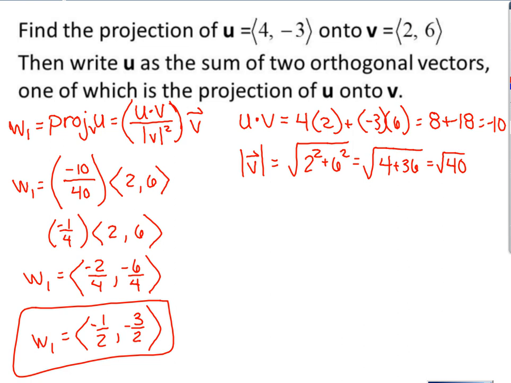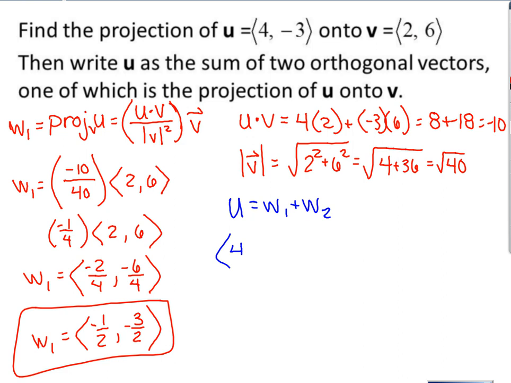So if we take vector u and break it into two different components, the component that will be parallel to vector v would be that vector. Now we need to write vector u as two components added together. Remember, vector u is w sub 1 plus w sub 2.